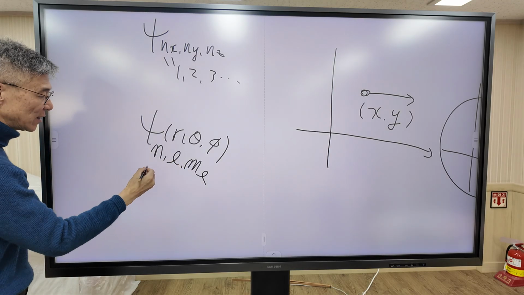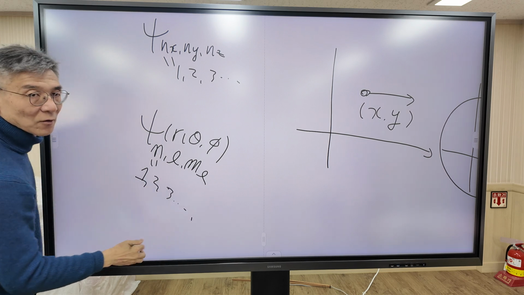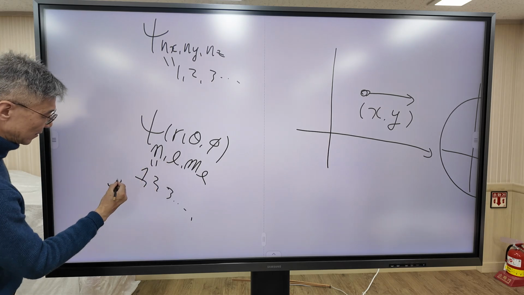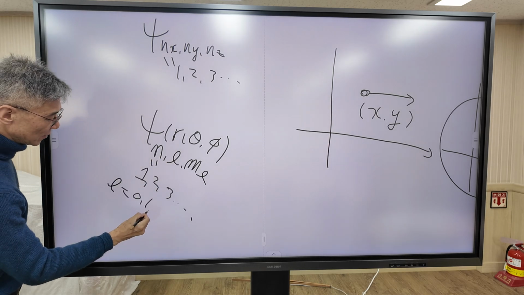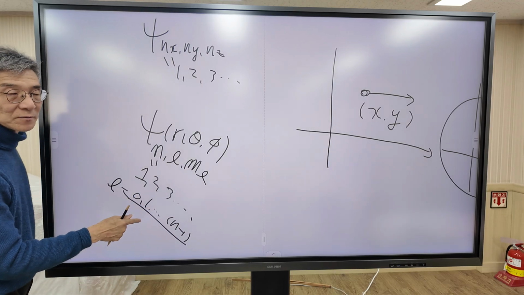For example, n can take only 1, 2, etc. Only integer values are possible. For l, when n is given, l can take only 0, 1, etc., up to n minus 1.